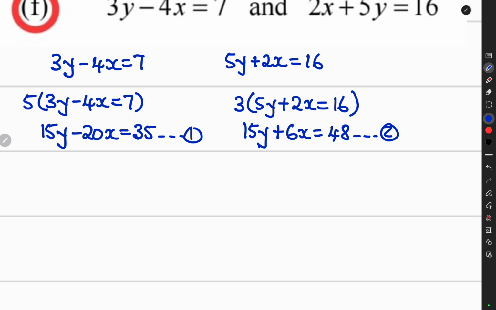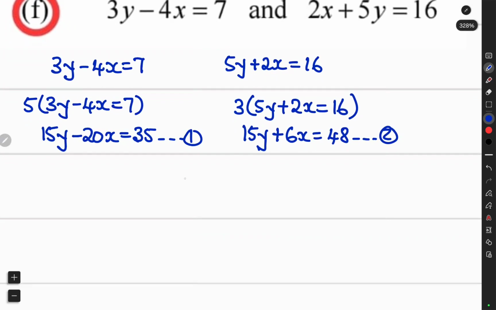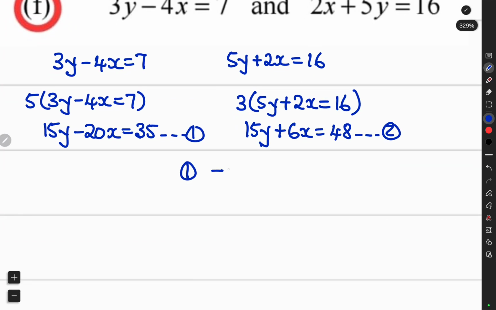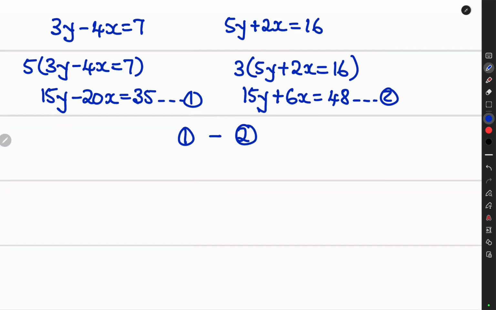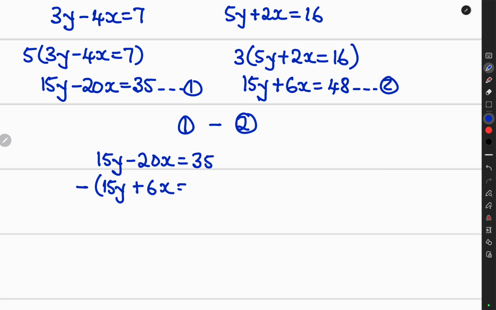So now that you have the two equations, you can say equation 1 minus equation 2. What am I going to have? 15y minus 20x equals 35, minus 15y plus 6x equals 48.